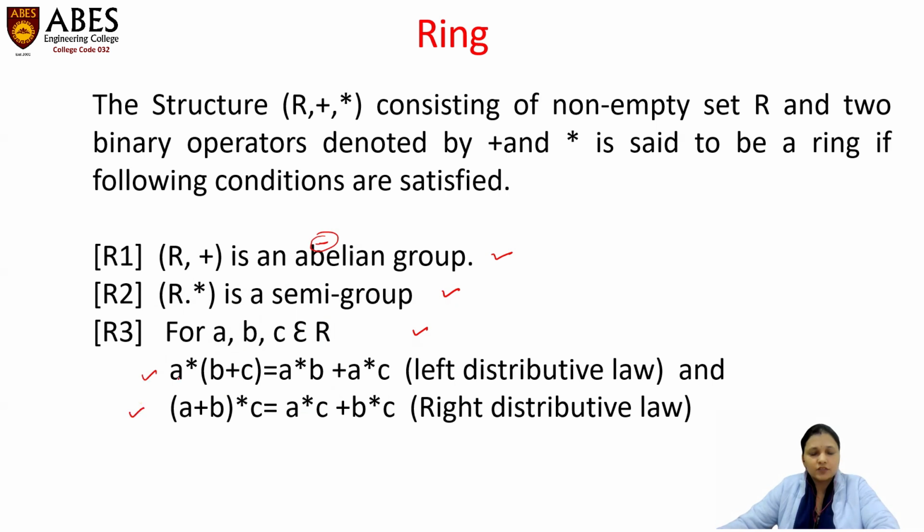It can be a left distributive property or a right distributive property. If this structure satisfies all these three properties, which is the set with the first operator should be abelian, the set with the second operator should be a semigroup, and any three elements of this set should satisfy the distributive property, then the structure is said to be a ring.